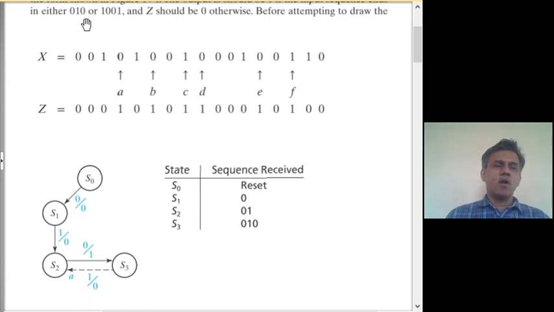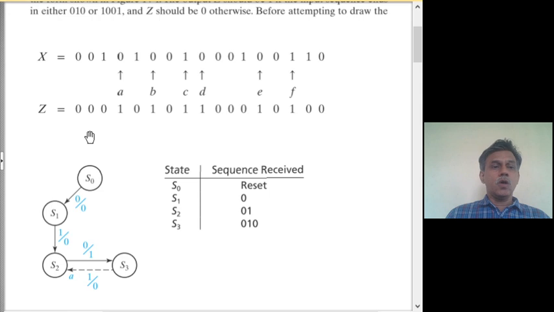So in this so-called best case scenario, how do we let our machine handle it? If a 0 occurs, you should remember that this 0 can be the first bit of the pattern you are looking for. You should not respond with a 1 at this point because it is just the first 0, but you should remember it.